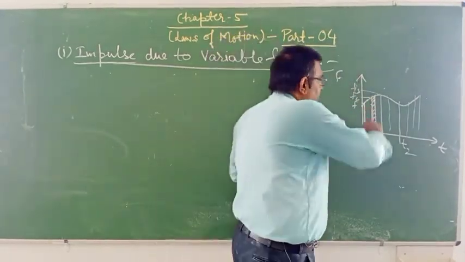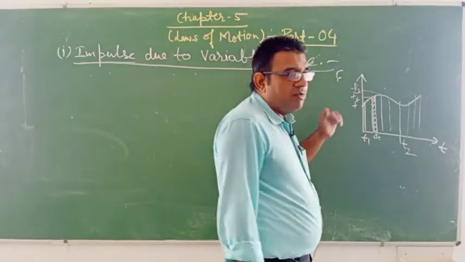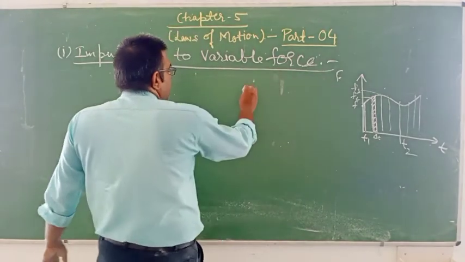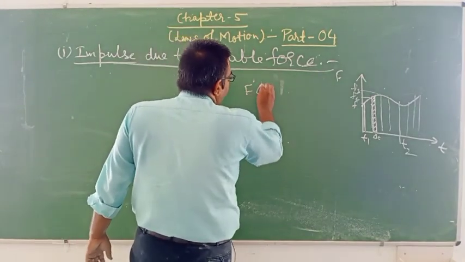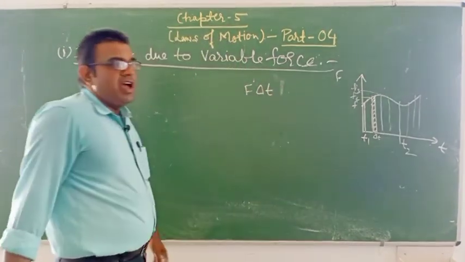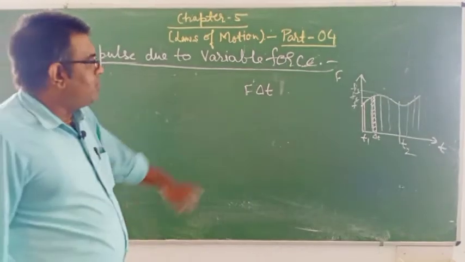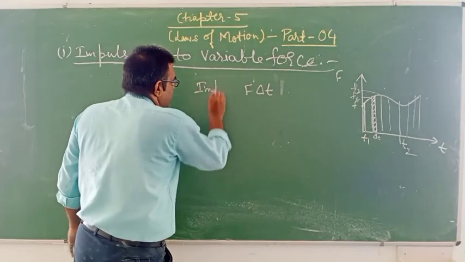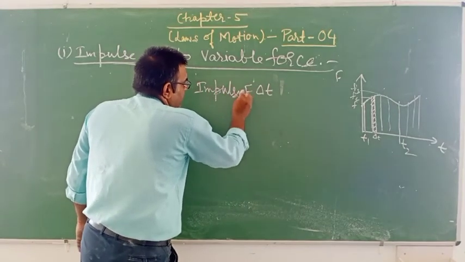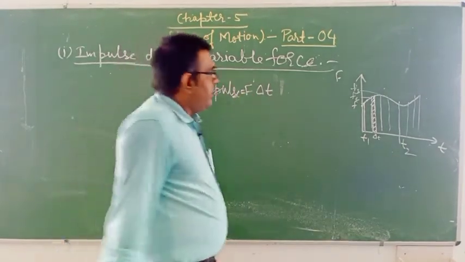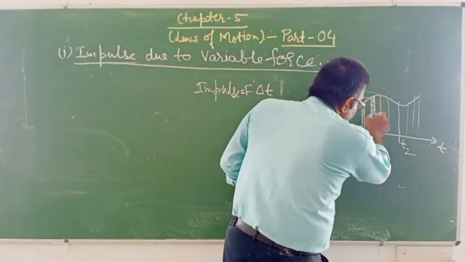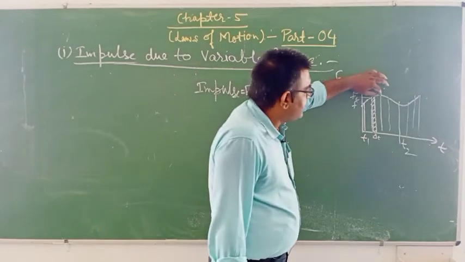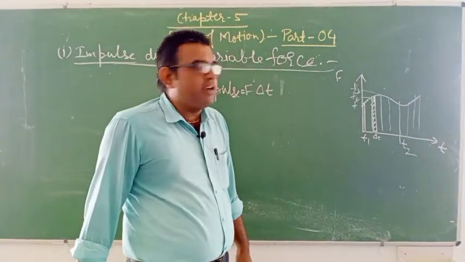Then what is the impulse transferred for that small interval of time? That is equal to F into delta t, as we discussed for impulse. Now, which shape does it look like? This is the shape of a rectangle.